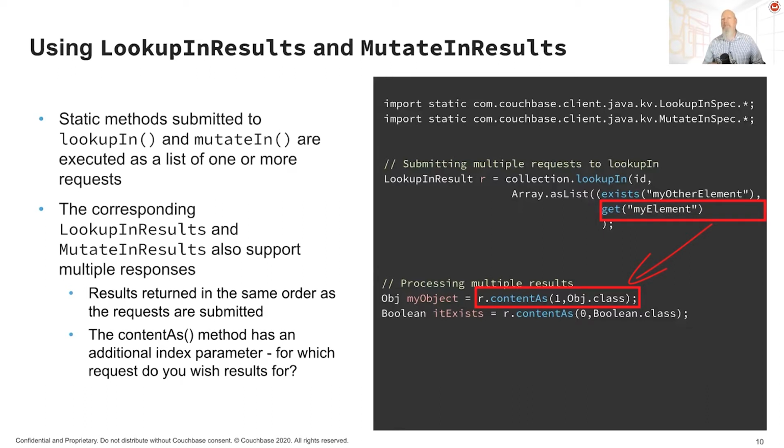So I'm simply saying, give me back the second element of the array as a type obj, whatever that object was. The exist would return a Boolean, true or false, so I'm always going to convert that one to a Boolean. Because that was the first operation submitted, I would use position 0 to get the result of it. Again, hopefully that makes sense. It's just corresponding: you align the results to the order the operations were submitted, and that's how you get them out.